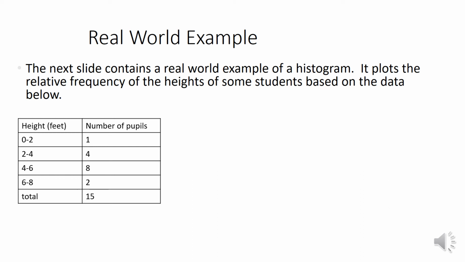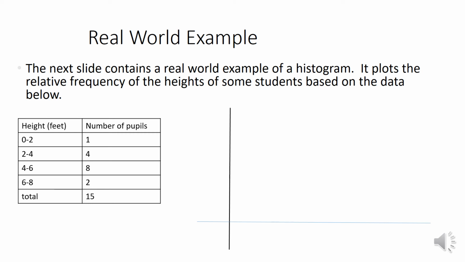Then to define the histogram, we are going to define the x-axis as well as the y-axis. On the x-axis, we are going to define the height class intervals, and the number of pupils is the frequency of our frequency distribution.